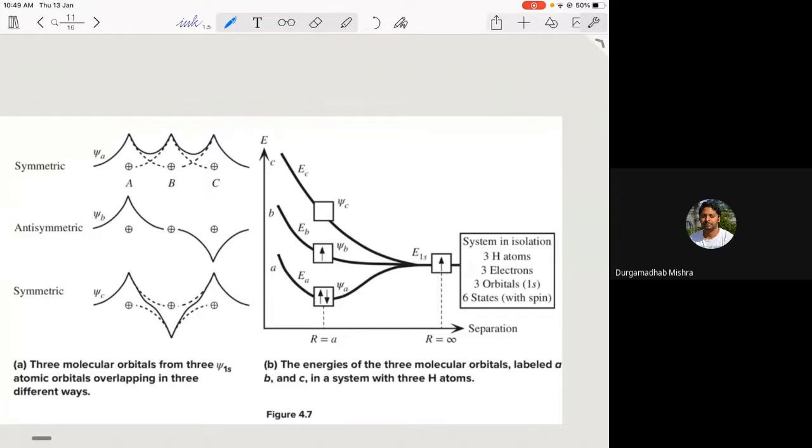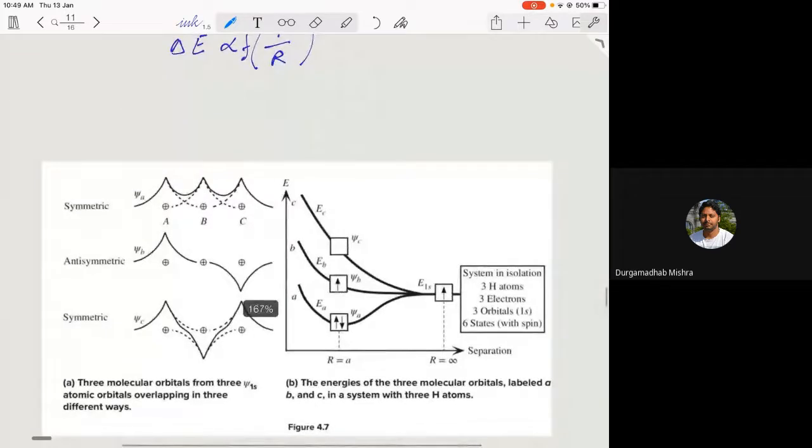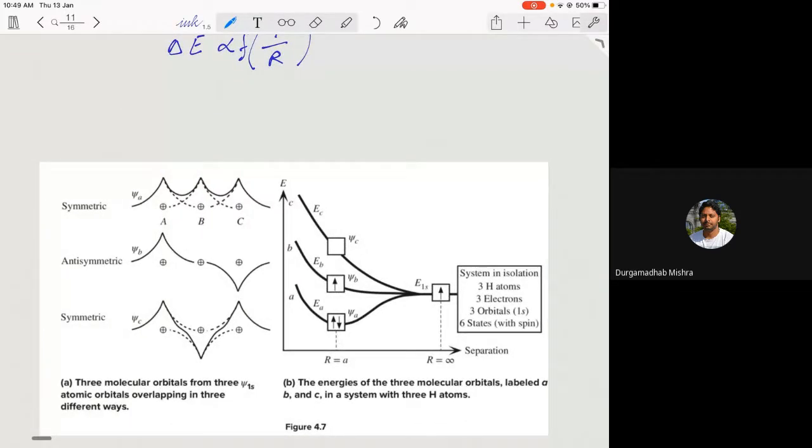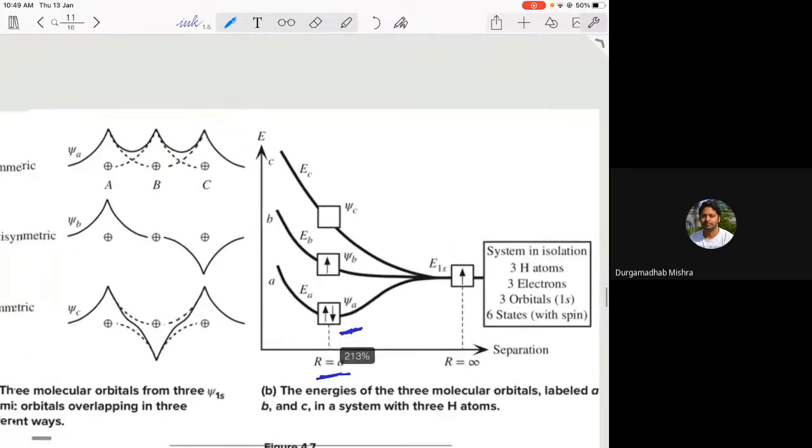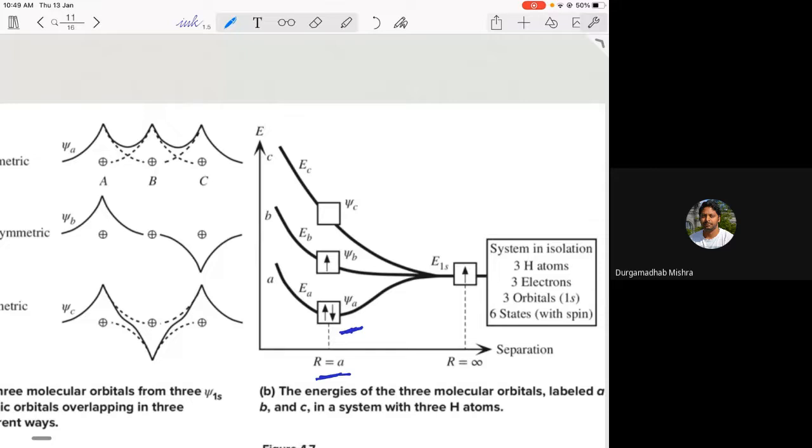So again, if you bring 3 atoms, you'll have 3 molecular orbitals. However, what happens is, again, you have a molecular orbital which is symmetric, where you will have 2 electrons. That is the minimum energy you will have, again at a certain equilibrium separation between the atoms.